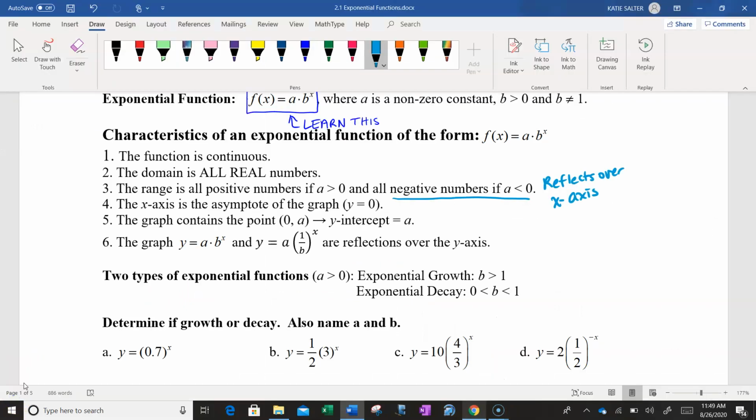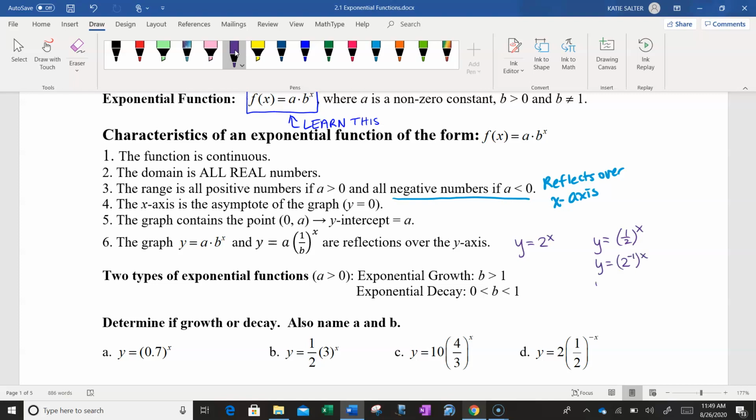All right, the graphs of y equals a times b to the x and y equals a times 1 over b to the x are reflections over the y-axis. And again, folks, that has to do with, look at the graphs that you have above. Look at y equals 2 to the x and y equals 1/2 to the x. Let me show you why that works algebraically. If we have y equals 2 to the x, and then we have y equals 1/2 to the x, using my exponent rules, 1/2 is equivalent to 2 to the negative 1.